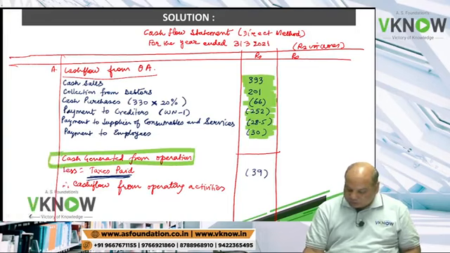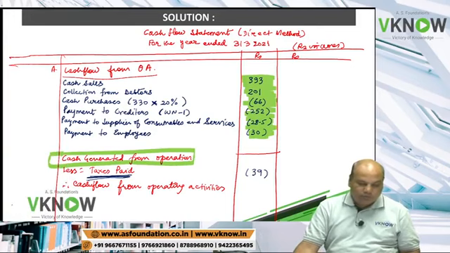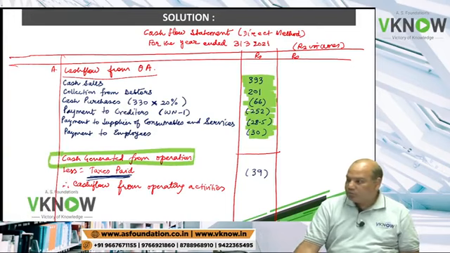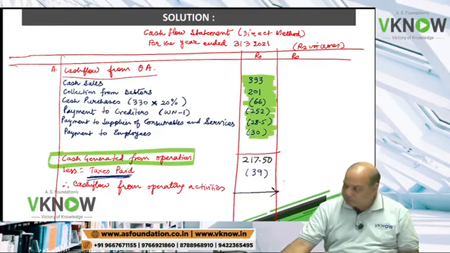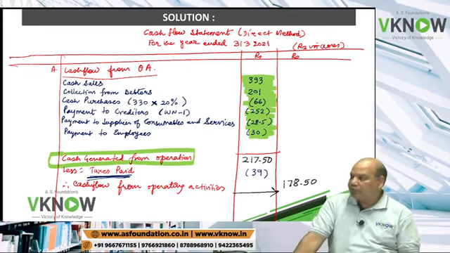Cash generated from operation. Please reply. Cash generated from operation is 217.50 minus tax paid 39. So cash flow from operating activity is 178.50.